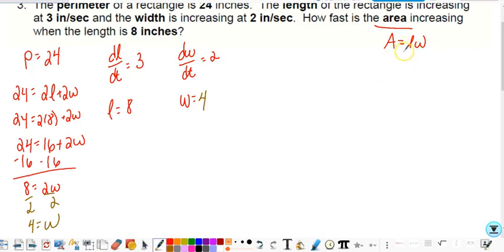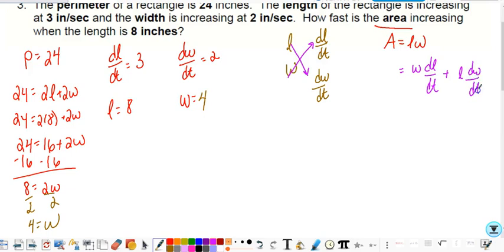And now when I have area over here, I can't go straight to the derivative. It's a product rule. I have length times width. The individual derivatives. And the product rule says width times dl dt plus length times dw dt.